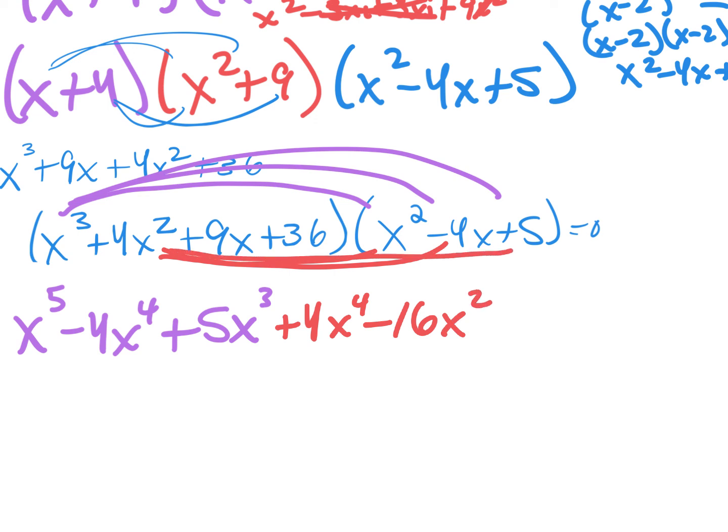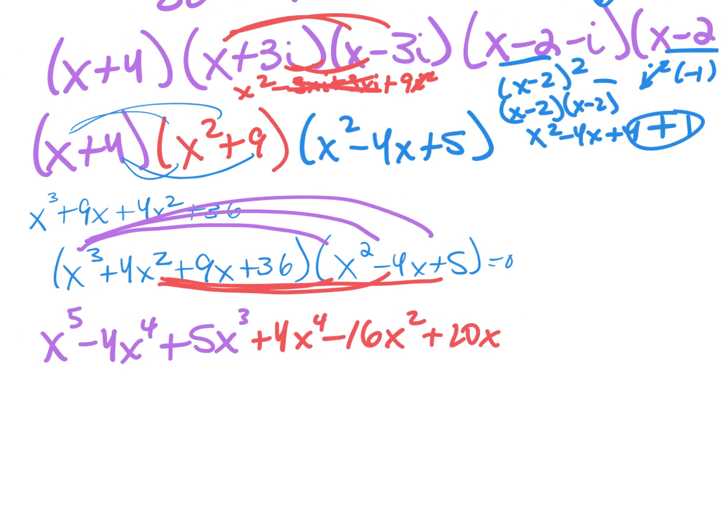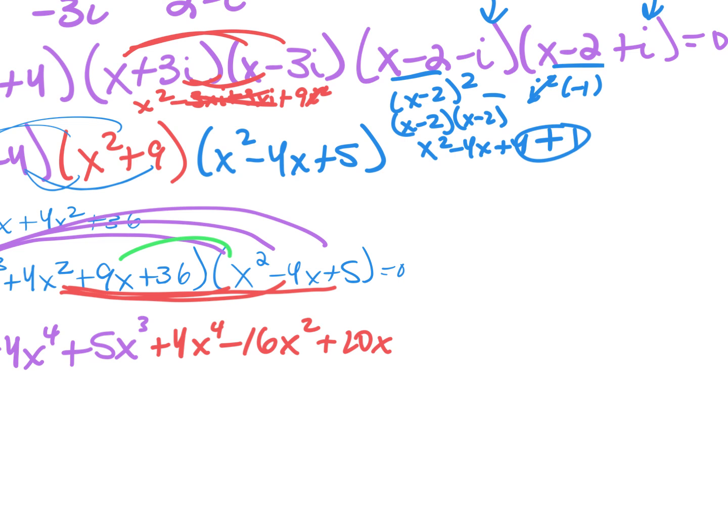And then 4x and 5 is plus 20x. Now we have 9x. So 9x and x squared is plus 9x cubed. 9x and negative 4x is minus 36x squared. And 9x and 5 is plus 45x.